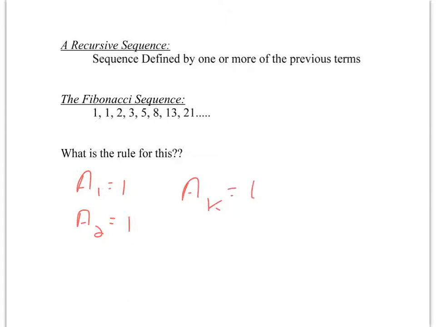So that's going to be a sub k minus 2 plus a sub k minus 1. In other words, our next term is going to be the second previous term plus the previous term.